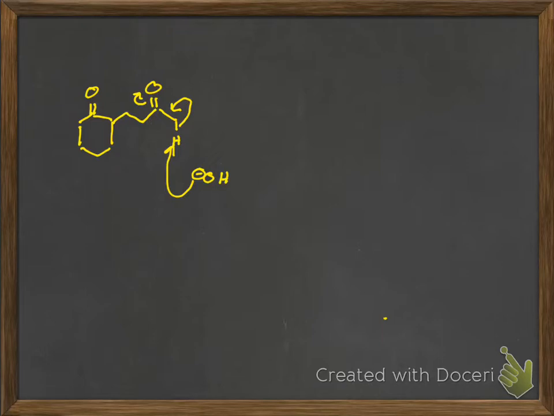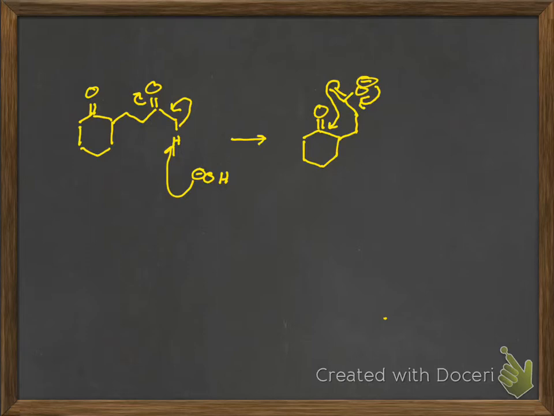So, pull that proton off and make the enolate, which puts you here. With this product. All right, reform the enolate.